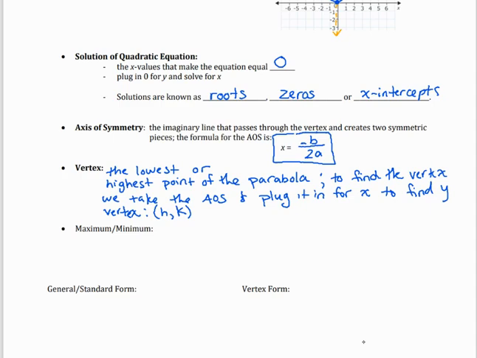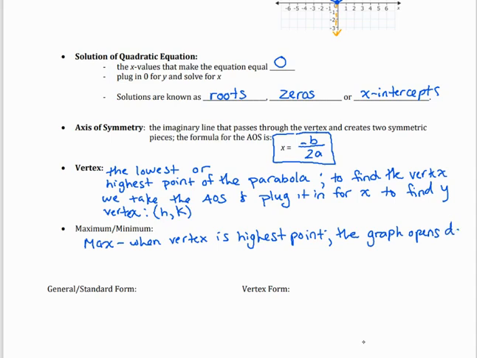Now, a maximum or minimum. The maximum or minimum is simply the vertex, but we have a maximum when the vertex is the highest point. So a max when the vertex is the highest point, which means the graph opens down, and our A value, which again we'll discuss momentarily, is negative.